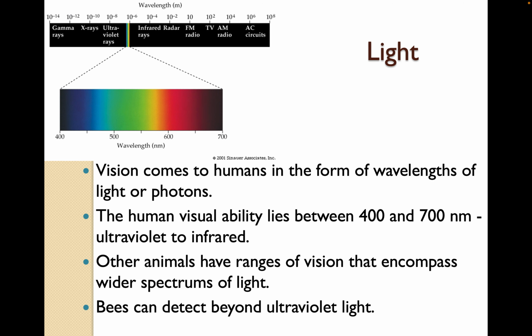Vision comes to humans in the form of wavelengths of light, or photons. The human visual ability lies between 400 and 700 nanometers, from ultraviolet to infrared. Other animals have ranges of vision that encompass wider spectrums of light. Bees can detect beyond ultraviolet light, and that's one of the ways that they can follow the path of an individual.